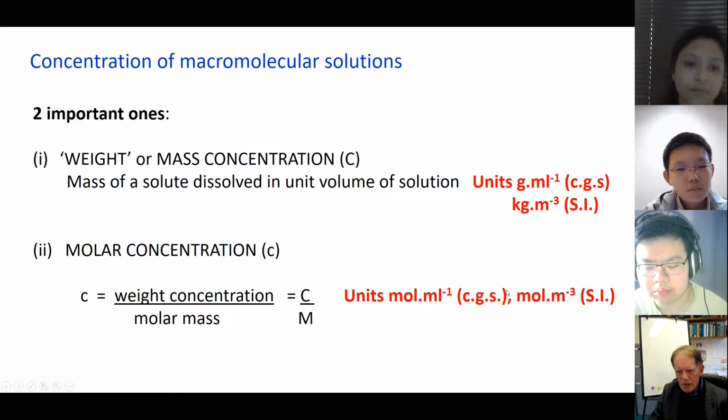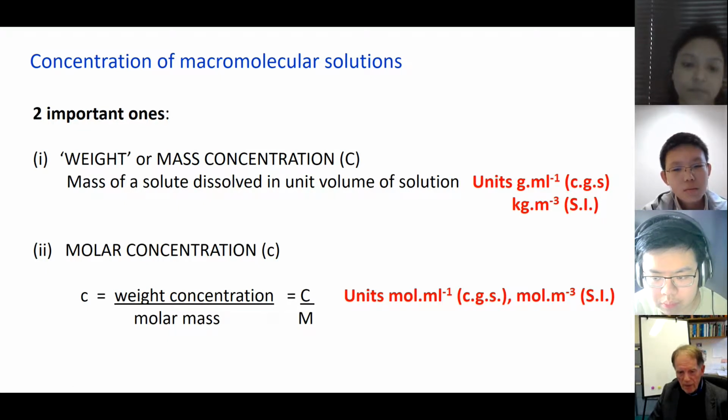If we're dealing with CGS units, that would be in grams per mil, and the molar mass would be in grams per mole, which is the same numerically as a Dalton unit. So if we divide grams per mil by grams per mole, we end up with mole per mil as the CGS unit, if you like, of molar concentration.